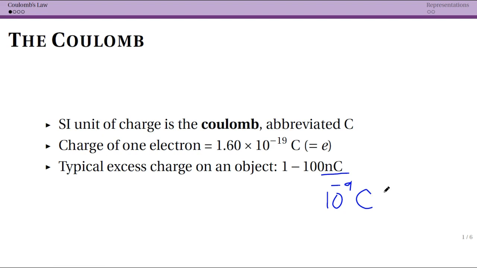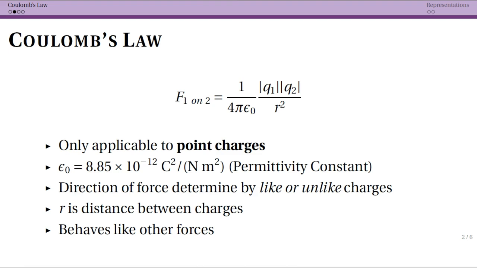If you get 10 to the positive 8 C, that's way too much charge. That's definitely not happening. So it's a little awkward to get used to this since coulombs is probably a new unit for you, but you should expect to see charge that's in the nanocoulombs range, so 10 to the negative 9 C.